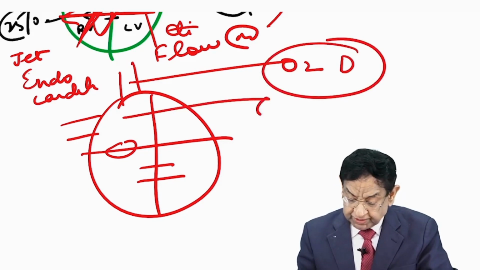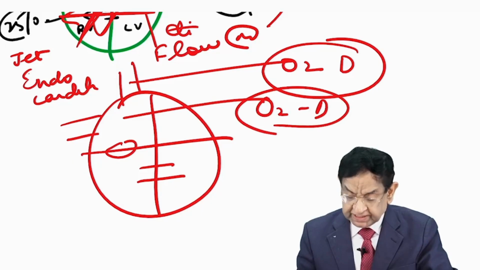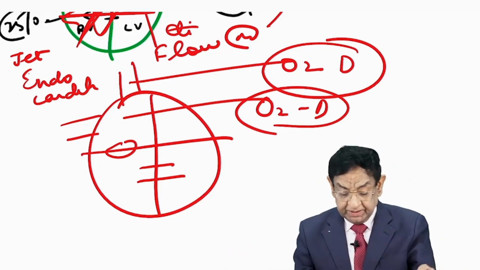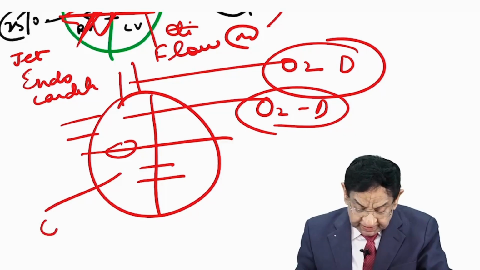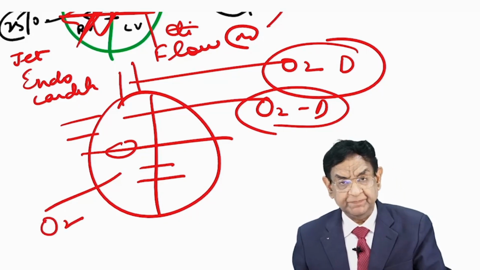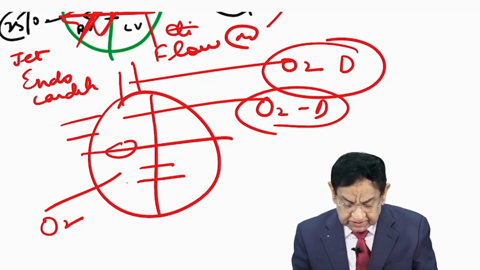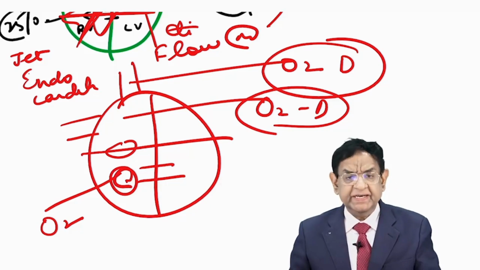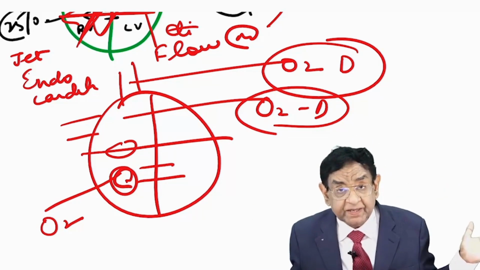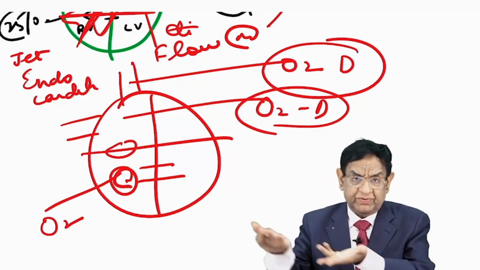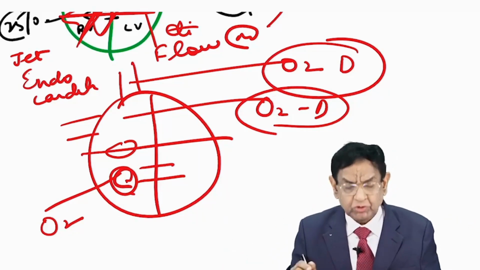Here also we get deoxygenated blood, same. But here if you take a sample, it is oxygenated. The point to be noted here, the oxygen content of the right ventricle increases suddenly. From where is it coming? From the left ventricle. There is no other source.